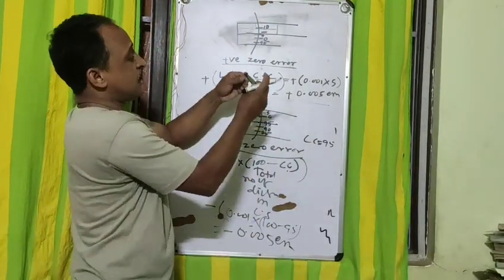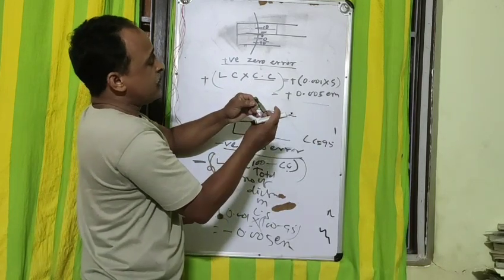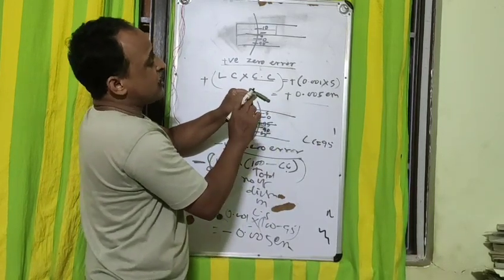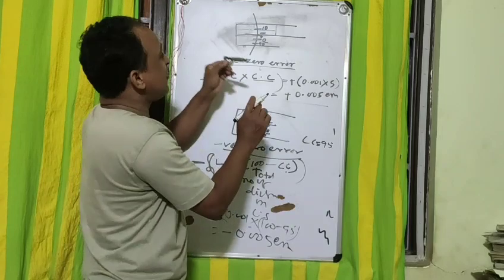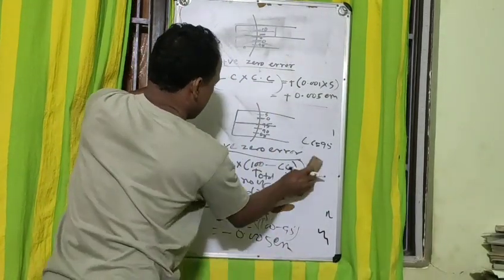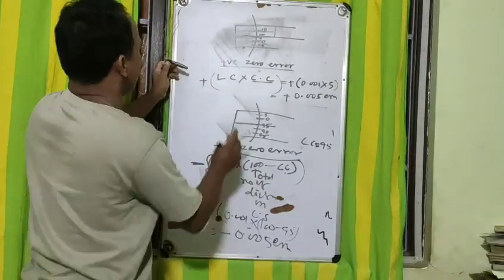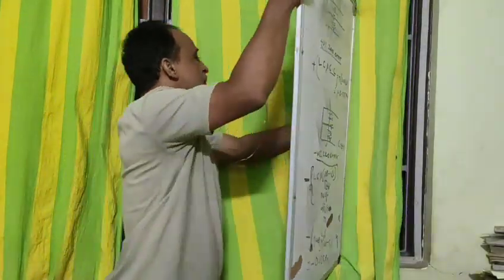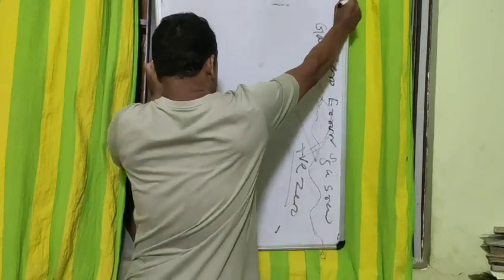If, when stud A and the sleeve are in close contact, the zero of the circular scale is on the baseline, then the instrument is said to be free from zero error.